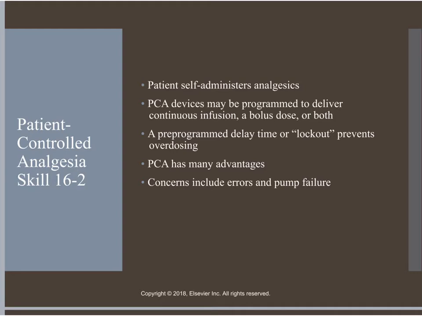PCA prevents overdosing in two ways: by having control limits for the total dose that the patient can administer each hour, and having a time control or a lockout period that regulates the minimal interval. Sometimes this can be 10 minutes or 15 minutes in between doses.